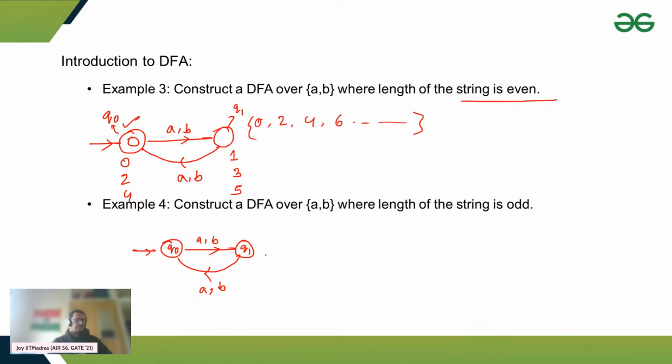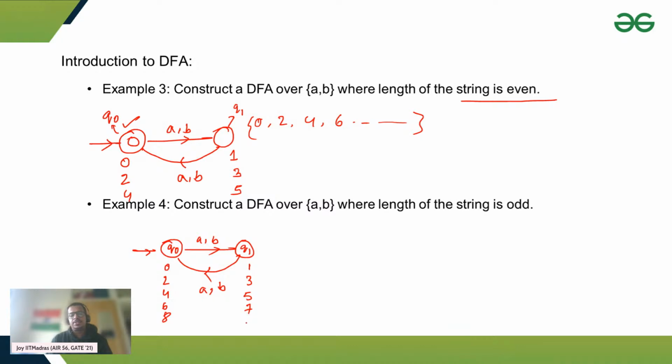Any comments? Which one is the final state, Q0 or Q1? As I said, Q0 is representing the strings with even length, and Q1 is representing the strings with odd length.